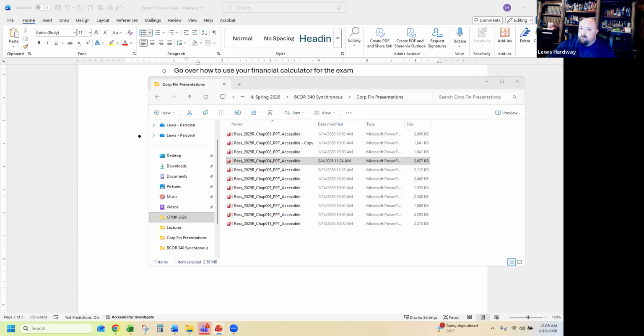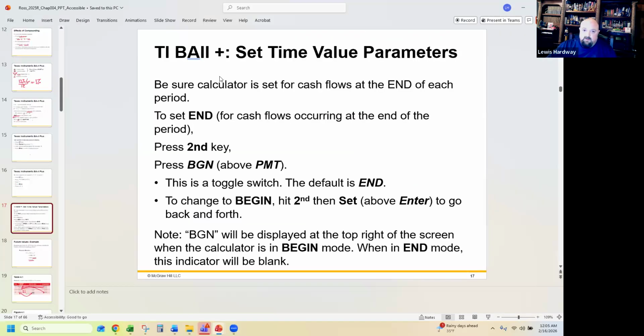All right, let's put this over here. So set the time value parameters. This is slide 17 in chapter 4. So your calculator is already set to end, but if we need to change it, you hit second and set.